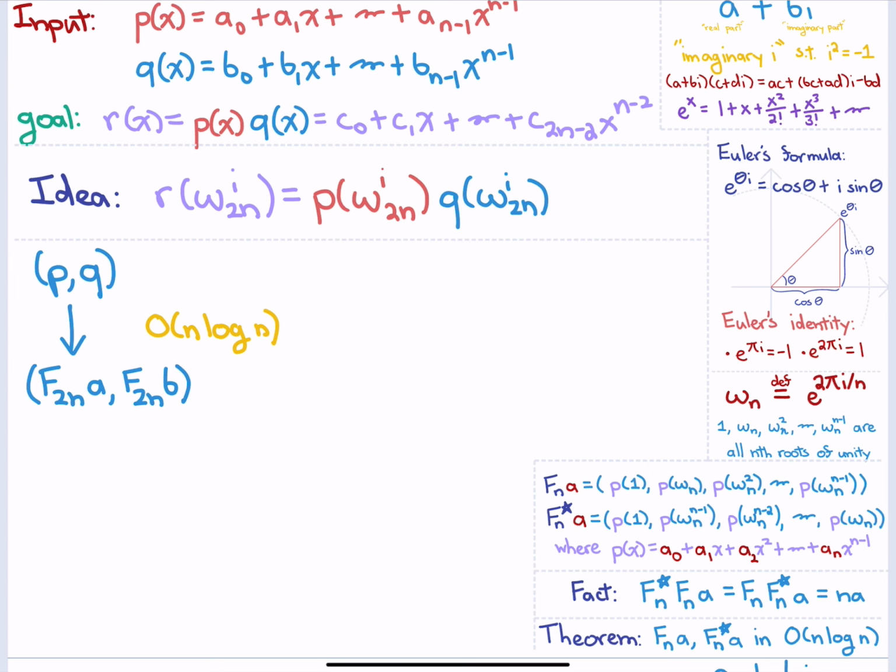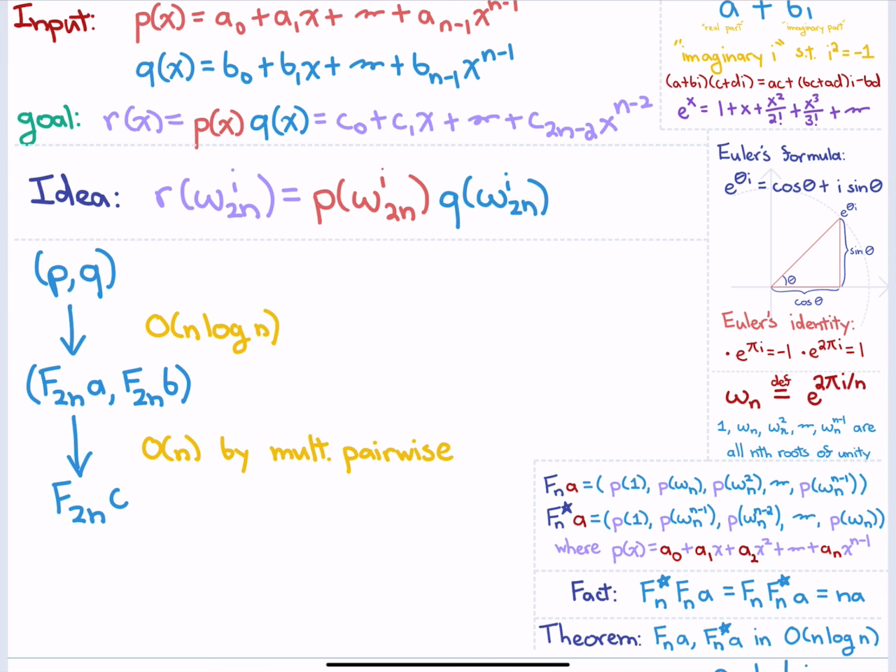And now to get the r values, I just walk through and multiply them together, like zip them up. So multiply the product for the first root of unity, the second root of unity, third. I multiply them pairwise, and that just takes linear time. At that point, I have all the values of r at the roots of unity. That's the Fourier transform of the corresponding coefficients.